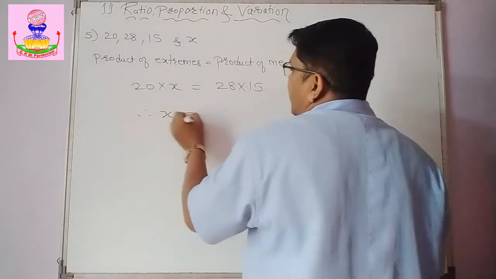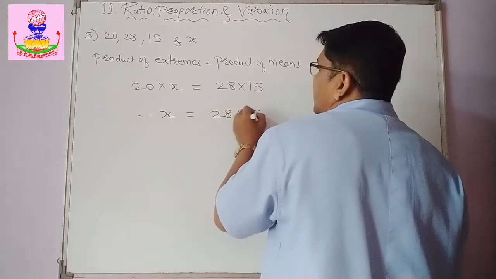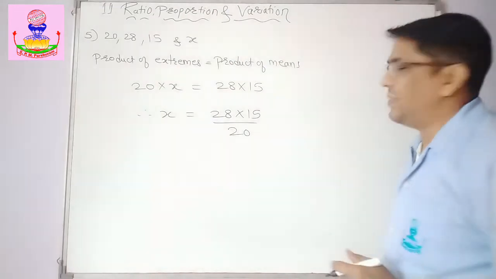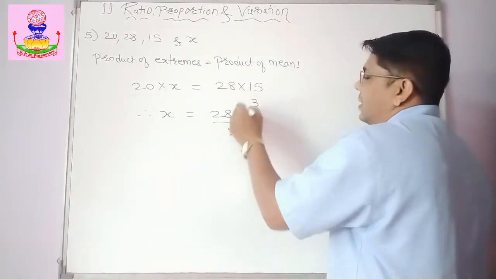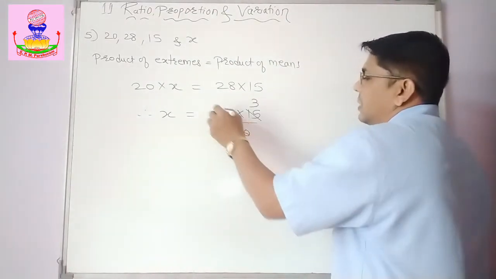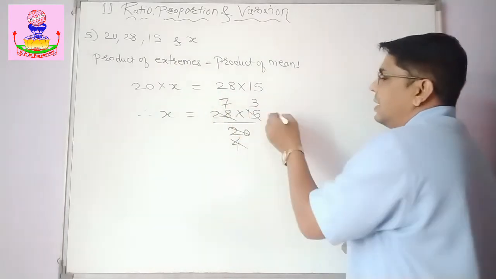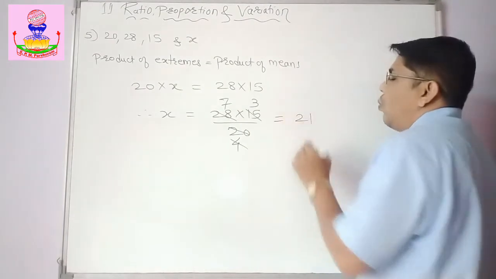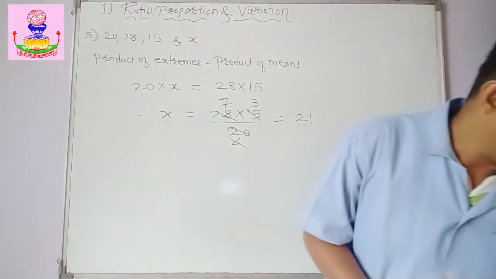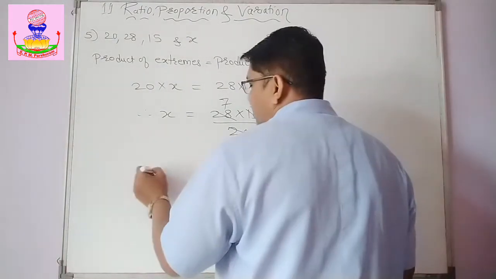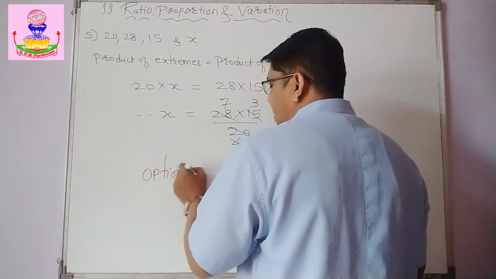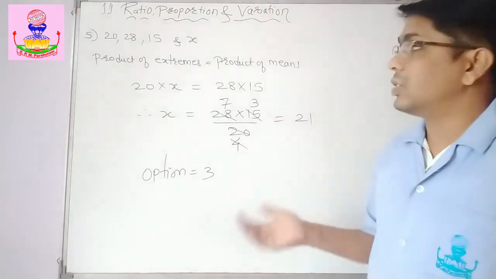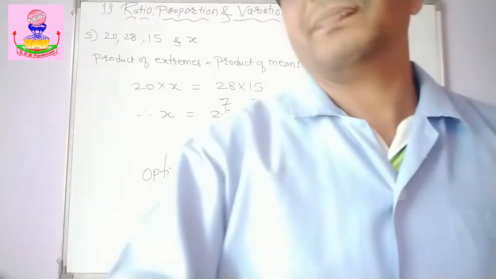Now I want to find the value of x. So 28 into 15 upon 20. Bring this 20 to this side, so it will be in division. Okay, 5 3s are 15, 5 4s are 20, 4 7s are 28, and 7 3s are 21. Okay, and hence option number, oh yes, option third. Exactly, option third is the right answer. Now let's move to the sixth example.